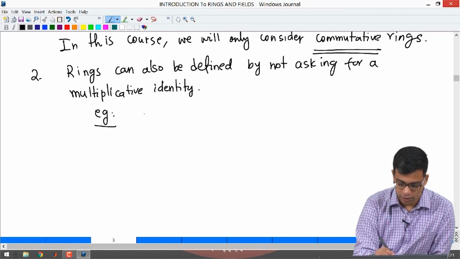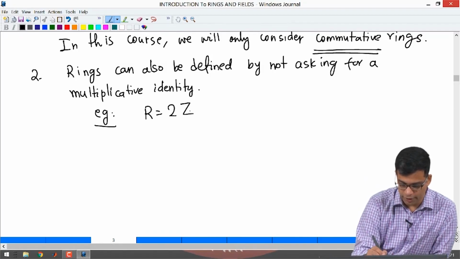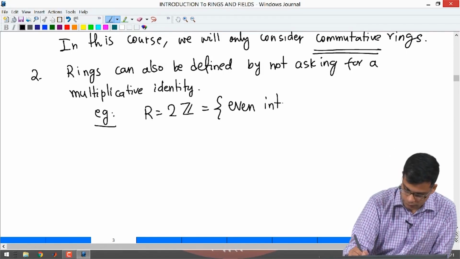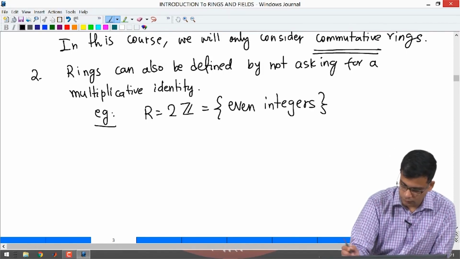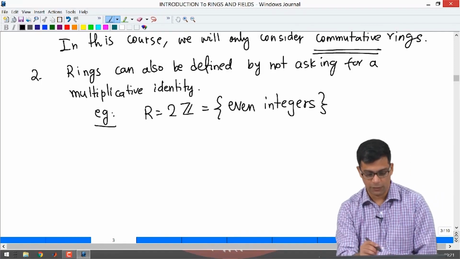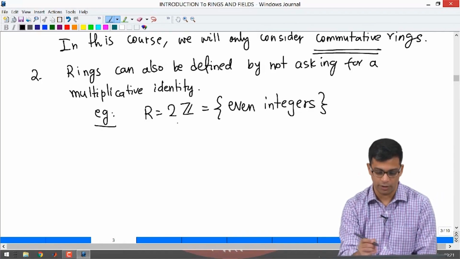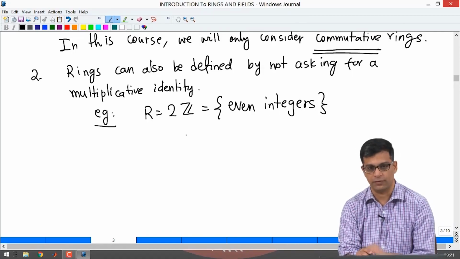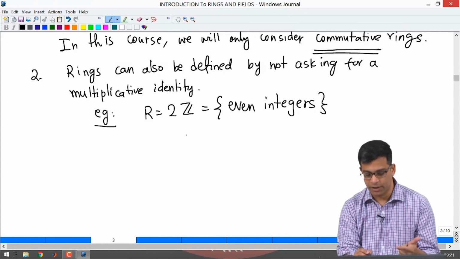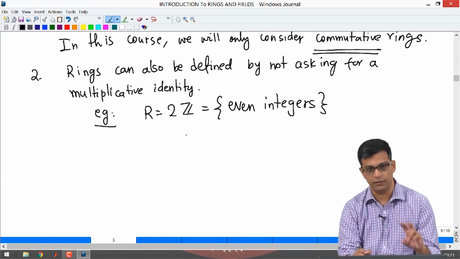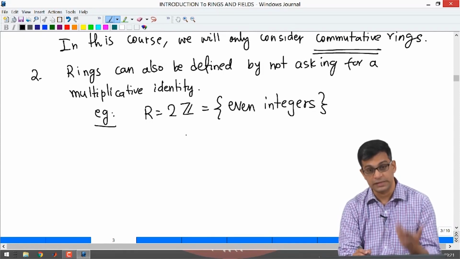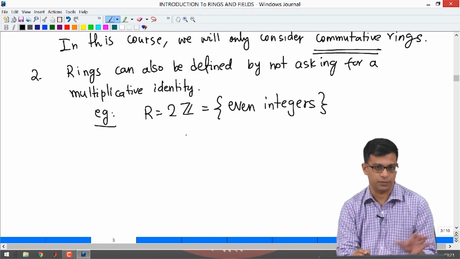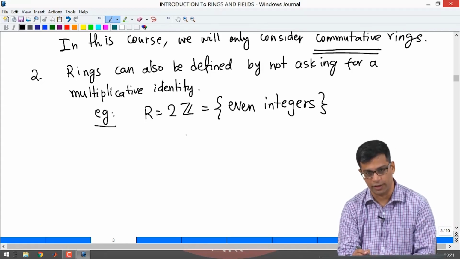For example, if you take R to be 2Z, so this is the set of all even integers. Okay. So, even integers, that means integers of the form 2n, where n is an arbitrary integer, they do have all the properties of a ring. So, there is an addition, under addition it is an abelian group, because 0 is there, inverse of an even integer is an even integer, sum of two even integers is an even integer, and so on. It also has multiplication, because if you multiply two even integers you get an even integer.